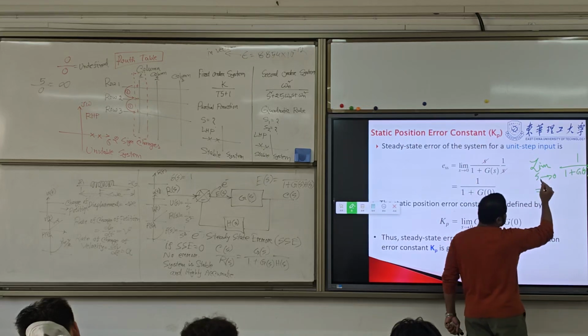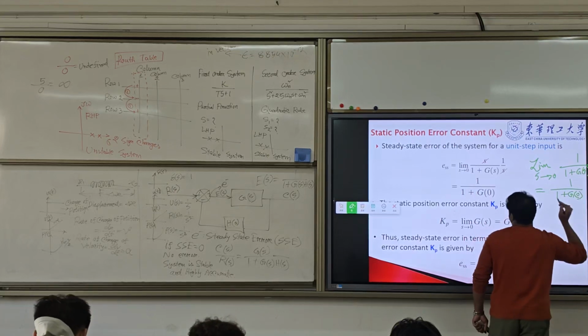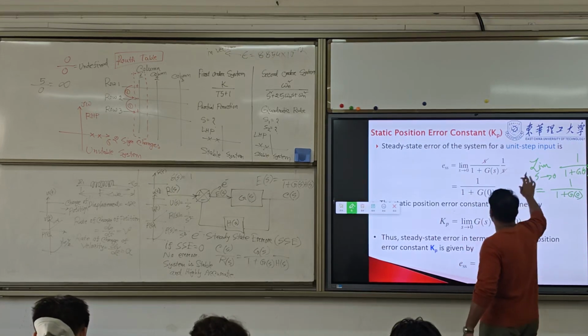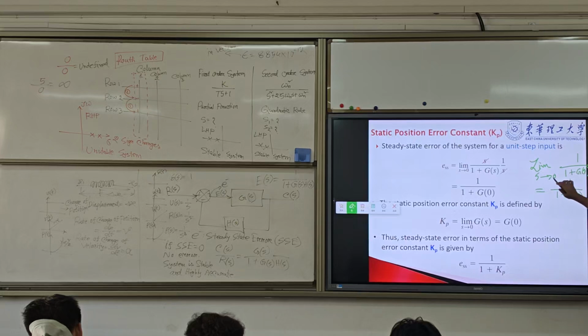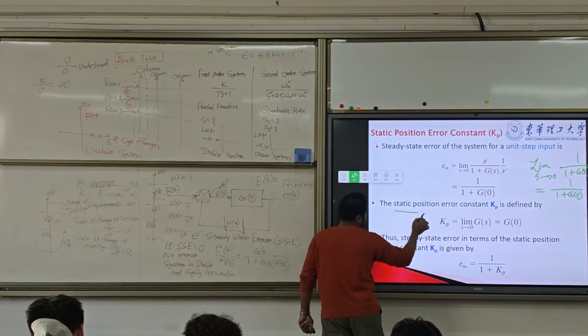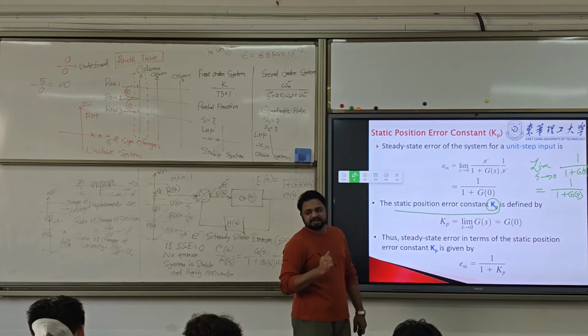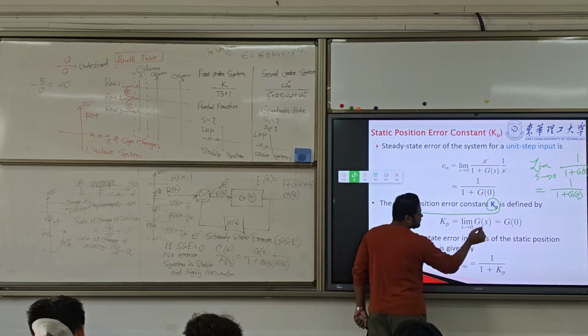So while you put S tends to 0 here, it is nothing but 1 plus G(0). Put the limit of that S tends to 0, 1 plus G(0). So that steady position error constant Kp is defined by limit S tends to 0 of G(s).